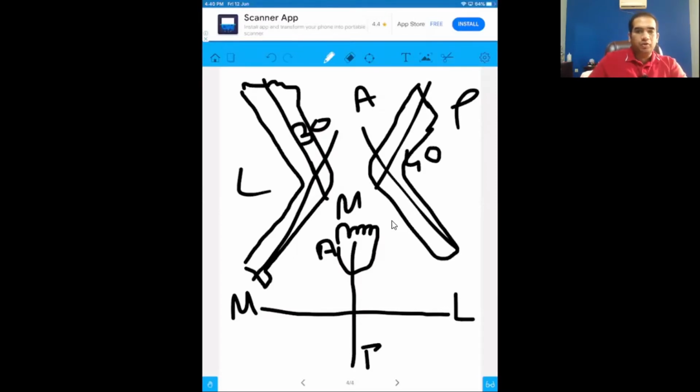So how am I going to mark it? Since the apex is medial, 30 degrees medial, I'm going to go 30 millimeters, 3 centimeters, medial. So I'm going to mark my place over here.